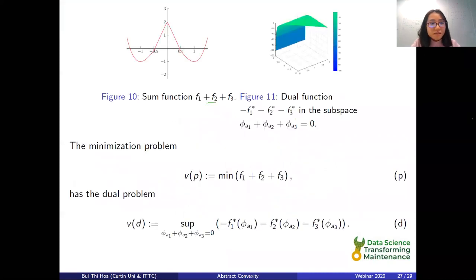Then I define the minimization problem, the minimization of the sum of these three functions, which has a dual problem like this. This one is the figure of the sum of the three functions, and this one is the dual function, the dual problem.